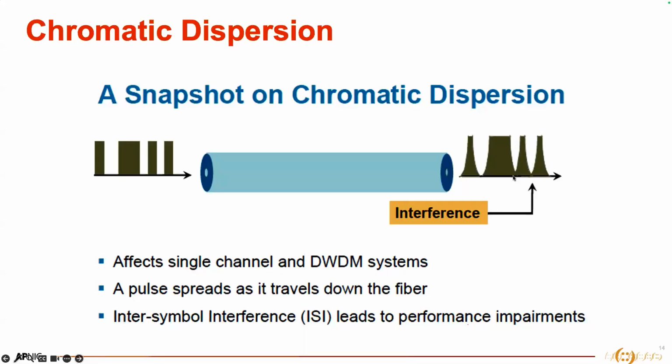Now there is no clear gap at the bottom. This causes interference, where one wave tries to distort another one. This is the outcome of chromatic dispersion, or CD, which in technical terms we call intersymbol interference, or ISI, and it leads to performance impairments, right?